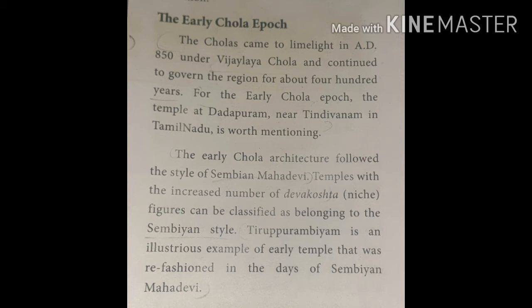So the early Chola architecture followed the style of Sembian Mahadevi, with a place kept for particular statues in separate niches. The most notable example is Tirupurambiyam, an illustrious example of an early temple that was refashioned in the days of Sembian Mahadevi, as shown in the figure.